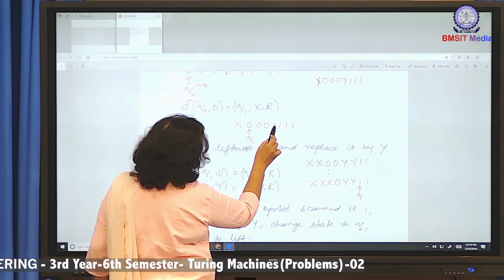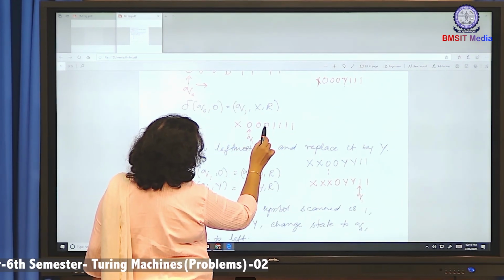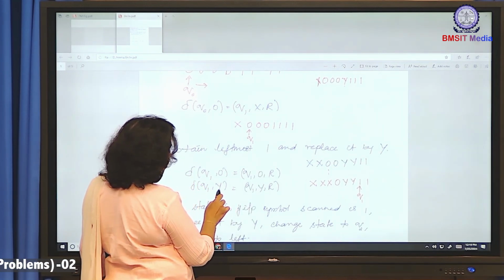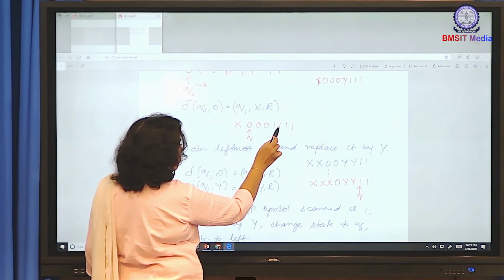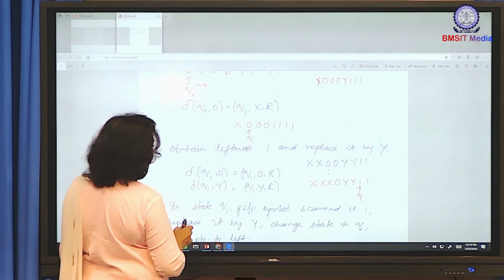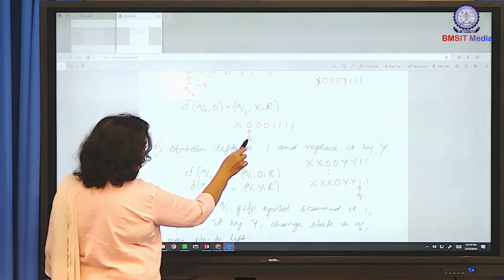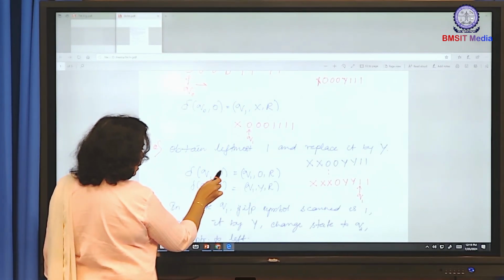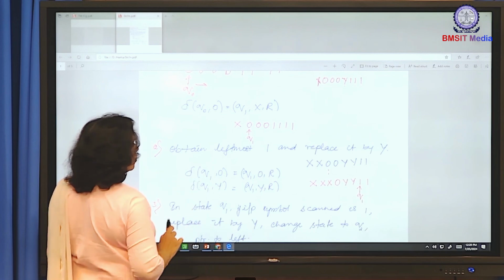When I am going to replace, I will be seeing zeros and y's. To start with, first time I will not see y, but after a couple of replacements, I will be seeing zeros and y's. So when I am in state Q1, when I am going to see the 1, I will be seeing zeros and y's.